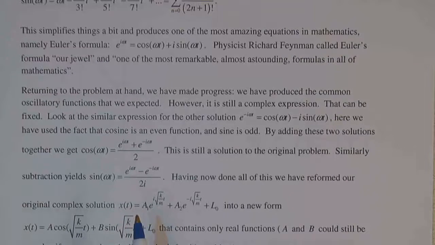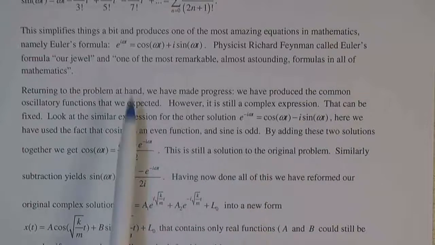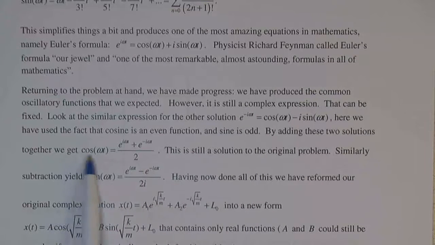We had e to the i omega t and e to the minus i omega t. Now, e to the minus i omega t is equal to cosine omega t minus i sine omega t. That's because cosine is an even function and sine is an odd function, so in the odd function the minus sign comes out front. Now, by adding these two together and dividing by 2, we can find that cosine omega t is equal to e to the i omega t plus e to the minus i omega t over 2.